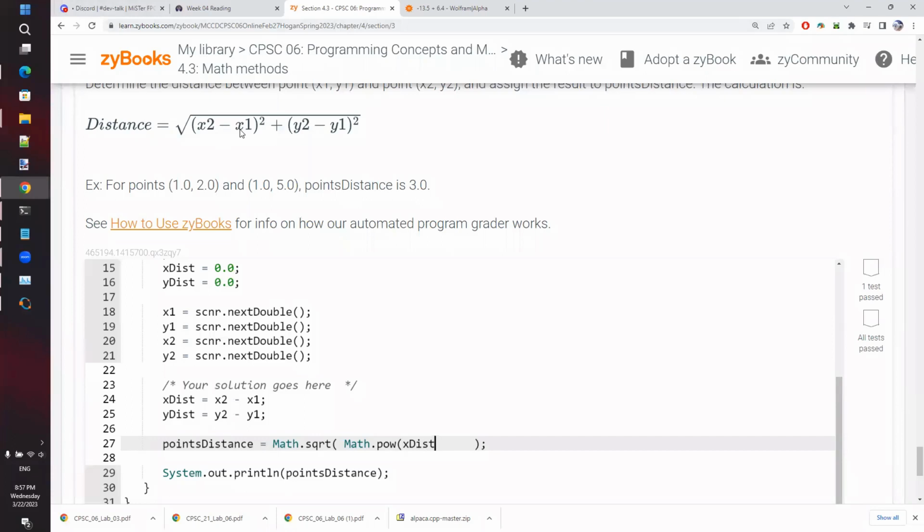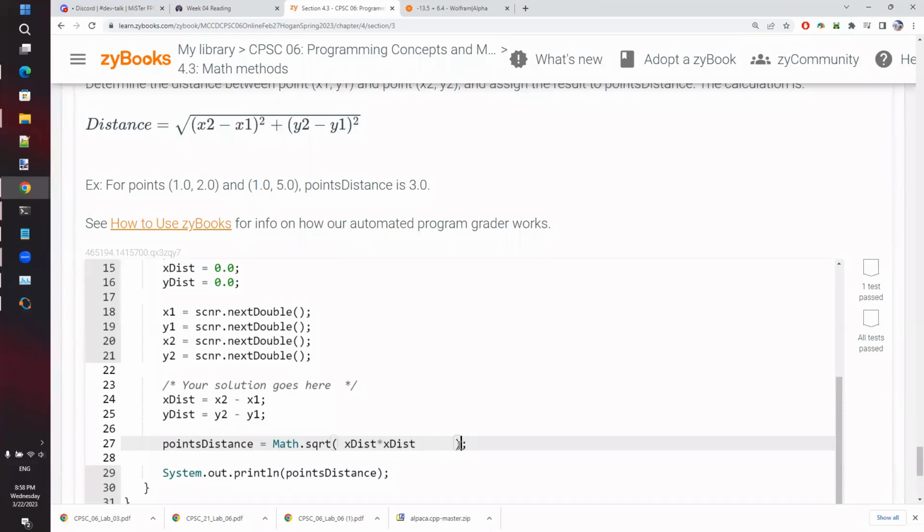Because x2 minus x1 is already calculated here. So xDist and a 2.0. You could do it that way. Math.pow xDist 2.0, perfectly okay. But what I would say is that when you've got a second power or a third power, a low power, rather than writing x2 minus x1 squared, or in that case xDist squared, it's easier just to do it this way, xDist times xDist. Isn't that the same thing as a power 2?